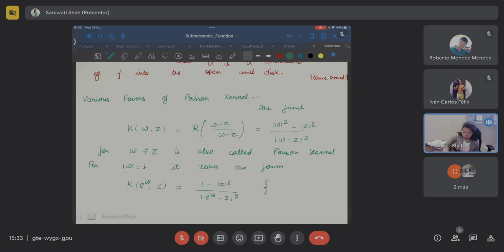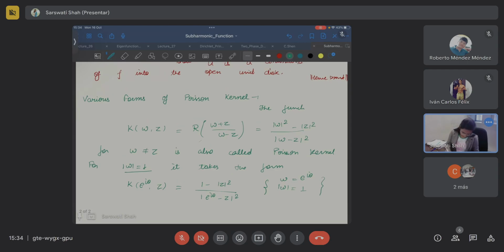Here, since modulus of w is 1, if we say w equals e to the power iota theta, then automatically, using the property of complex analysis, modulus of w is going to be 1 because cos square theta plus sin square theta is going to be 1.